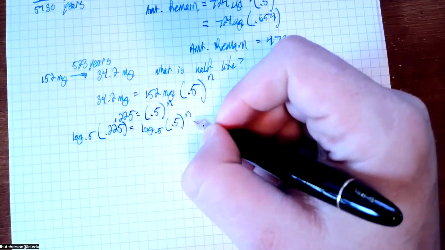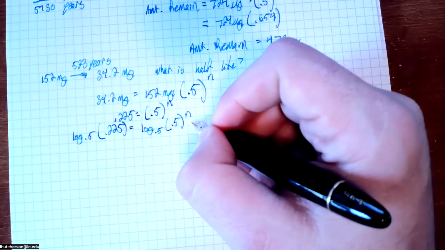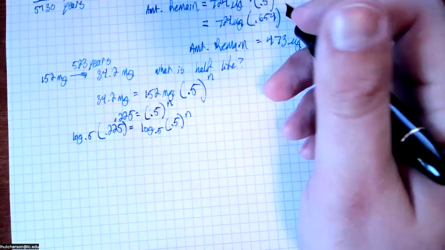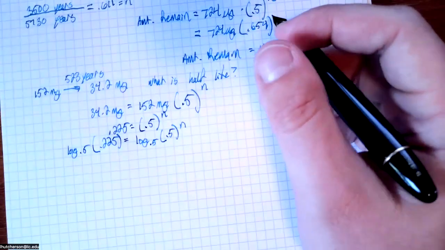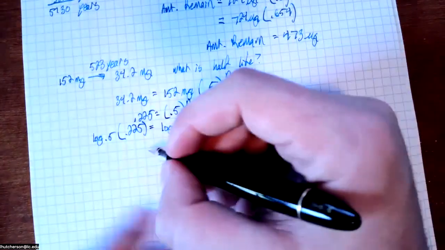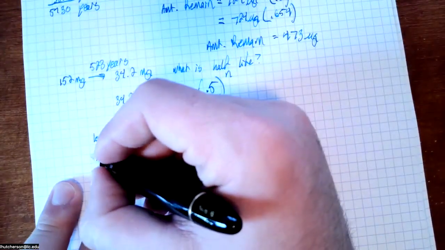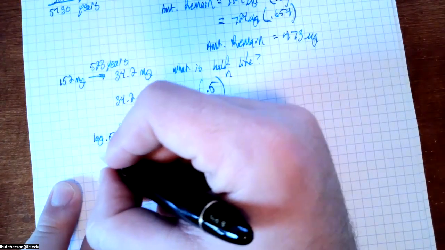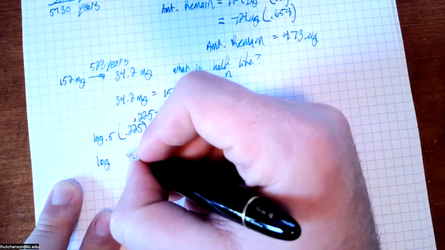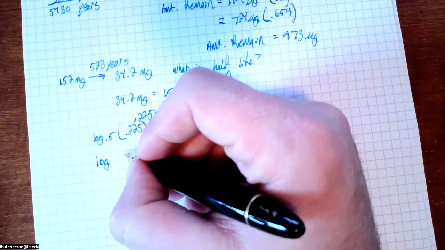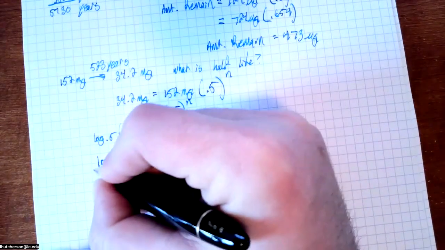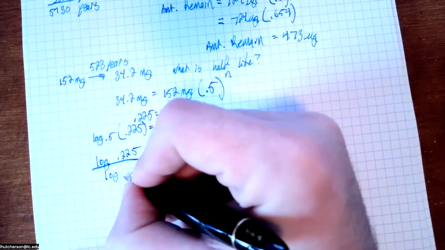Now, I guarantee your calculator doesn't have a log base 0.5 button on it. It may have a log base n button on it, or it may not. If you don't have that, the way you can plug this into your calculator is you can just hit log of 0.225 divided by log of 0.5.